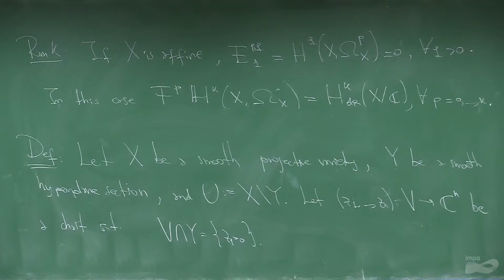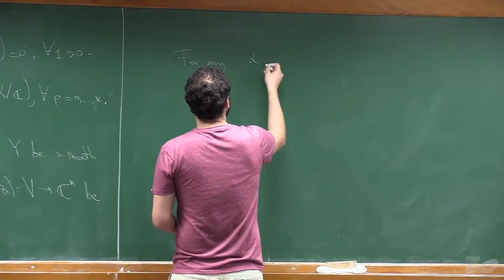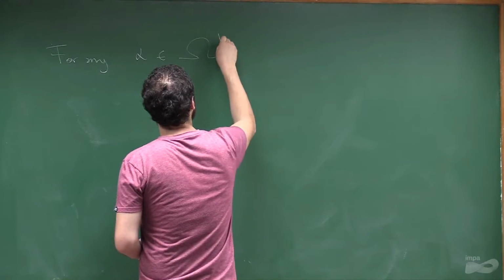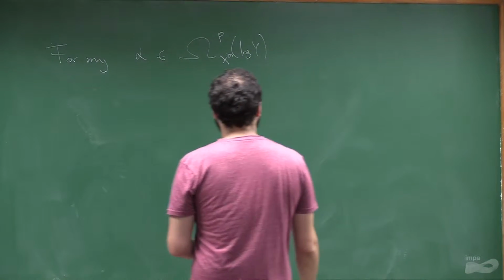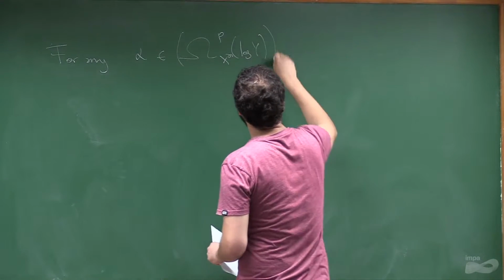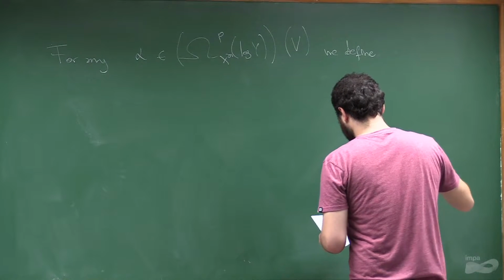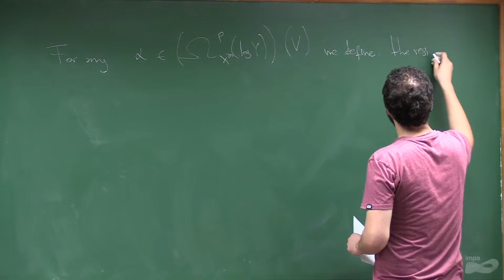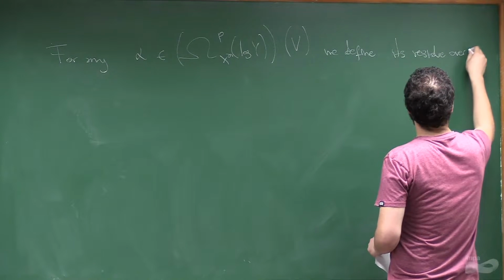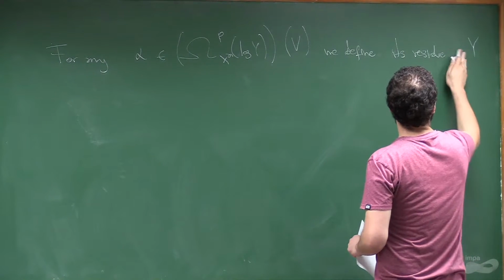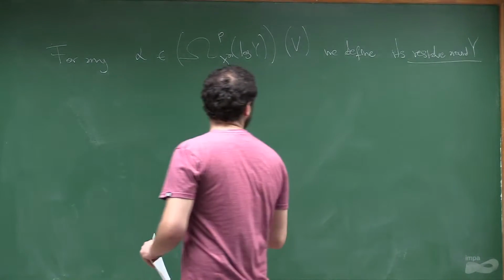So in this case, for any p-form over X with logarithmic poles along Y, we can define, in this open set, the residue around Y to be the following thing.